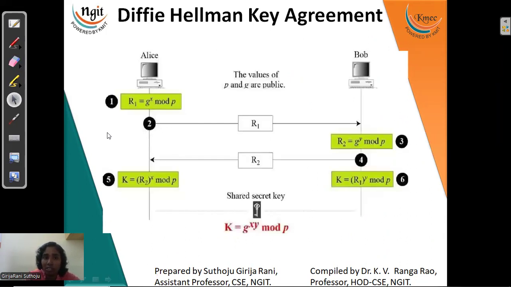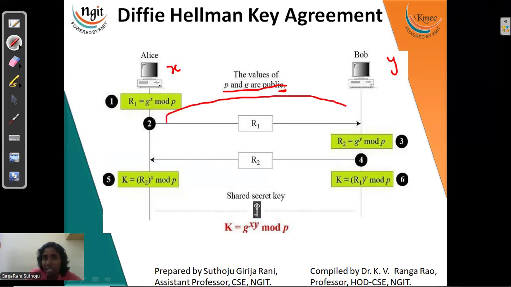This is the algorithm which we have. Once Alice and Bob exchange R1 and R2, Alice is performing g to the power of x mod p and Bob is performing g to the power of y mod p. Now, p and g are public to each other, I mean, the global values. x is chosen by Alice and y is chosen by Bob. After calculating R1, Alice will send R1 to Bob.